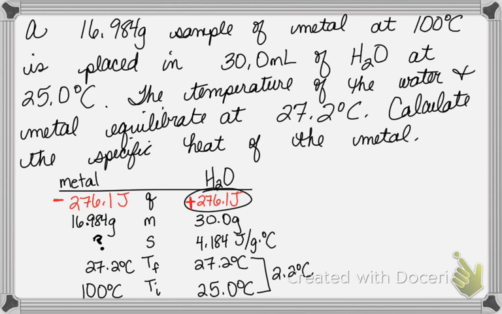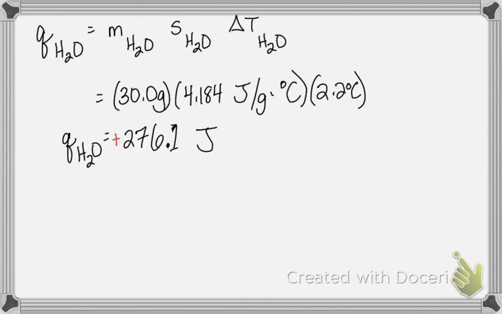So now we can solve for the specific heat of the metal. First, let's double check the ΔT. Final minus initial. 27.2 minus 100 is, the ΔT is negative 72.8 degrees Celsius because it's the final minus initial. And so now I can rearrange Q = m s ΔT using my algebra. s is equal to Q divided by m ΔT.